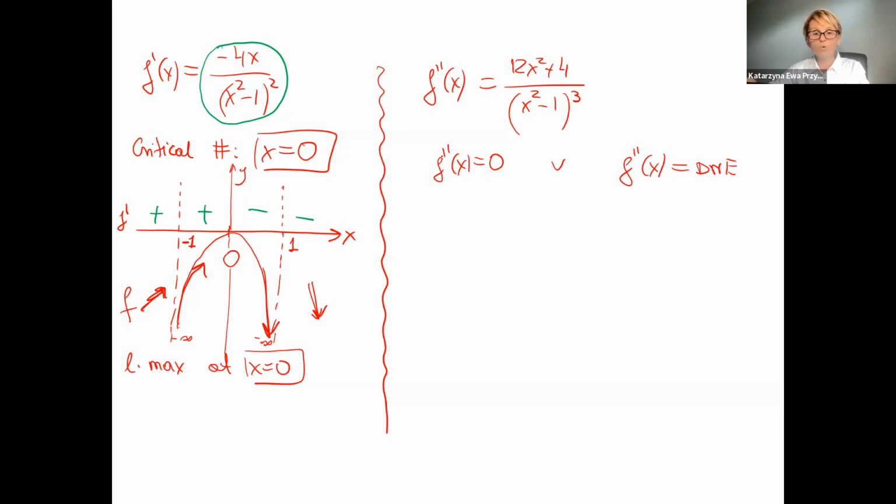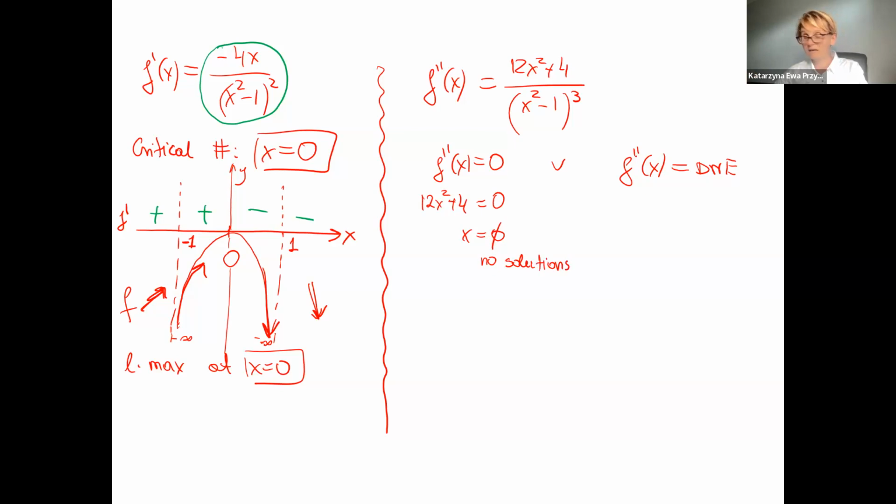Okay, for what values is the second derivative 0? If the numerator is 0, 12x squared plus 4 equals 0, we have no solution, because 12x squared plus 4 is never 0. No solutions.